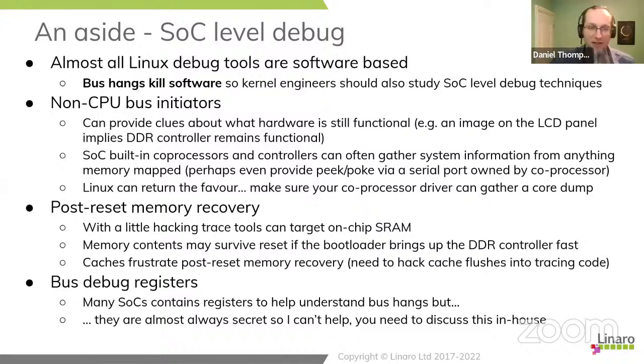If you have any on-chip SRAM, you can potentially hack trace tools to try and target SRAM. This does mean reaching in and just violently changing the kernel and how it allocates trace buffers. But if you're tracing into on-chip SRAM, SRAM is nice and fast. It's similar performance to a cache usually, which makes it comfortable to read and write to.